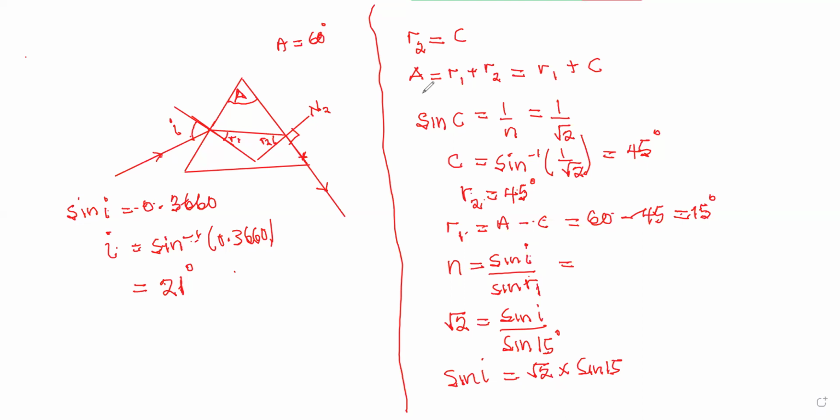What we are saying by this value is that when I is equal to 21, we'll have the emergent ray lying on the boundary at the other refracting plane. So if this is A, B, C, at this angle of incidence the emergent ray will lie along AB. Anita, are you okay?